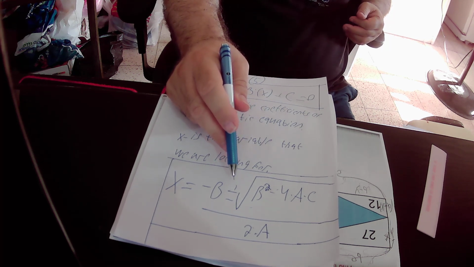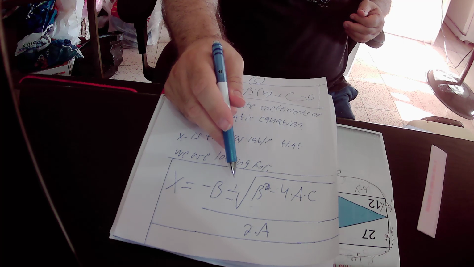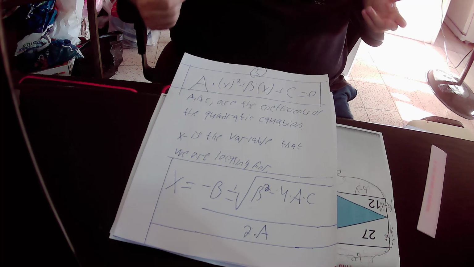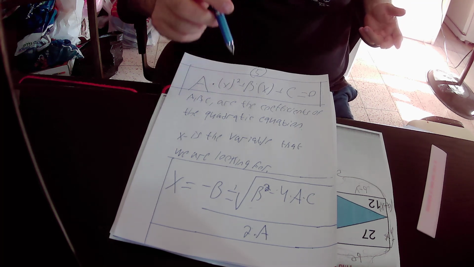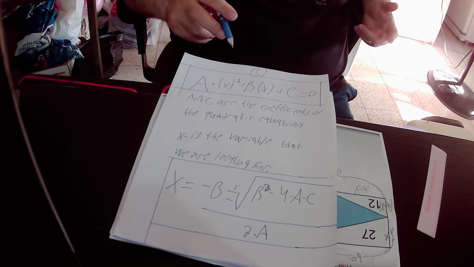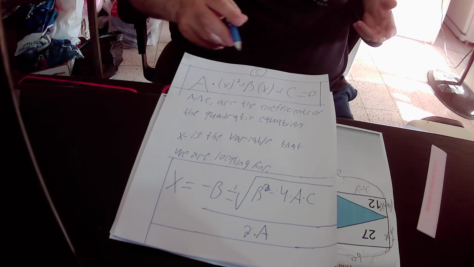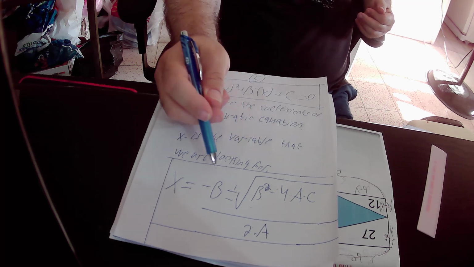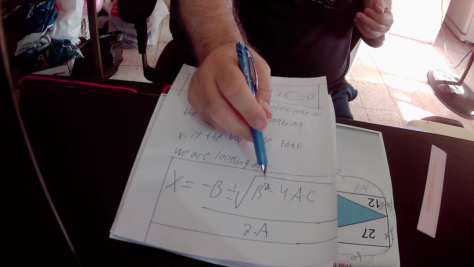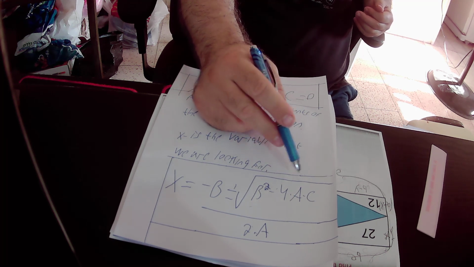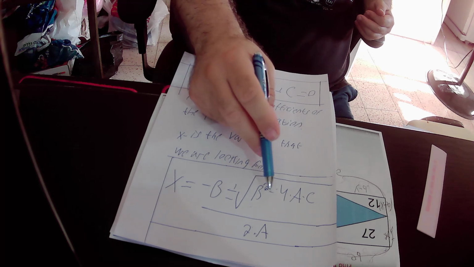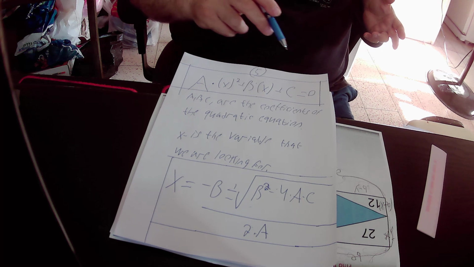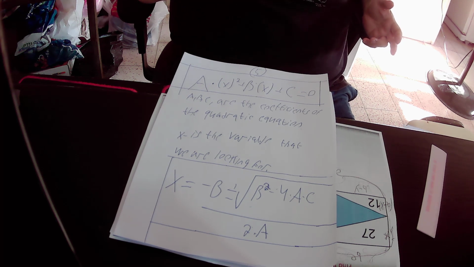Plus minus implies that we might have two different solutions for x, so there will be two roots for the quadratic equation. Minus b plus minus root of b squared minus 4 times ac divided by 2a, and as I already told you, a, b, and c are the coefficients of a quadratic equation.